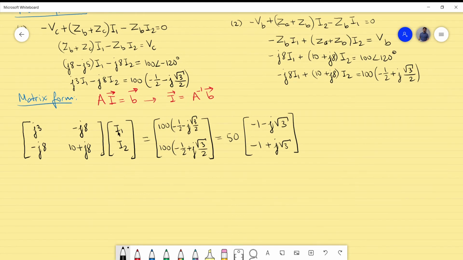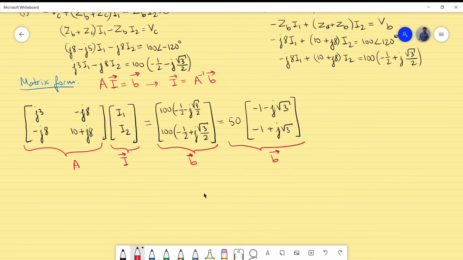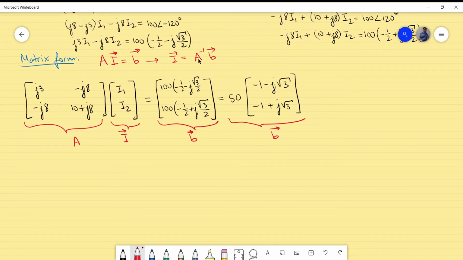So this is A, the matrix A, this one is the vector I, and this one is vector B. So I have all of them in total. What I want, of course, is A inverse.